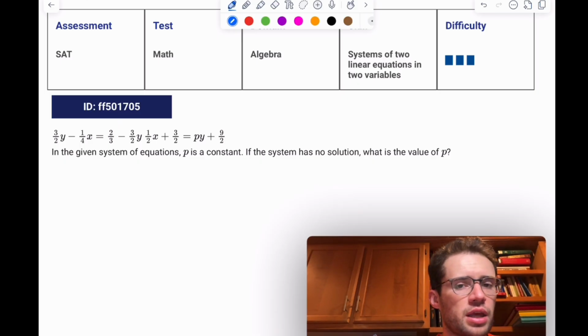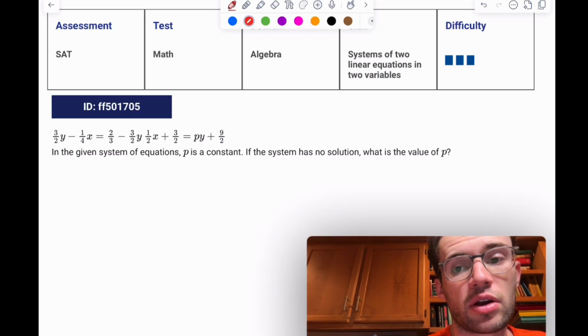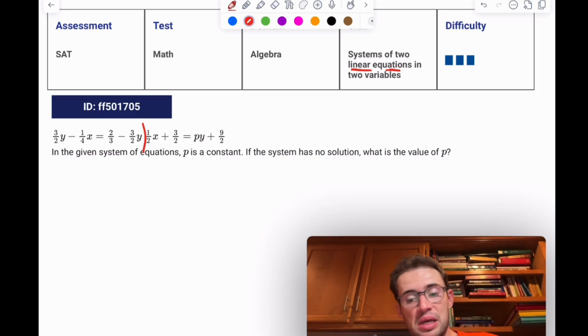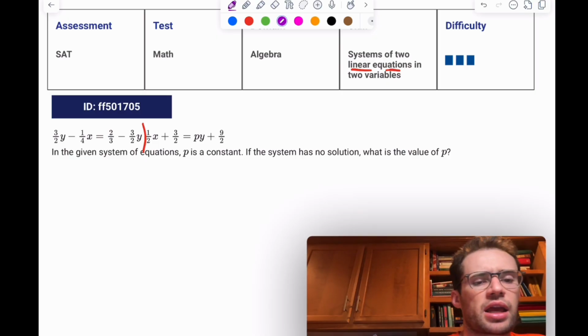So this is clearly, like, they wouldn't write 3/2 y 1/2 x, right? They would put a multiply sign or add, and they wouldn't multiply those in a system of linear equations. So this actually does have y's on both sides. I spoke too soon. I said the SAT very rarely does that. They did it in this problem. I mean, it is in the hard section, so that's not shocking, I guess.